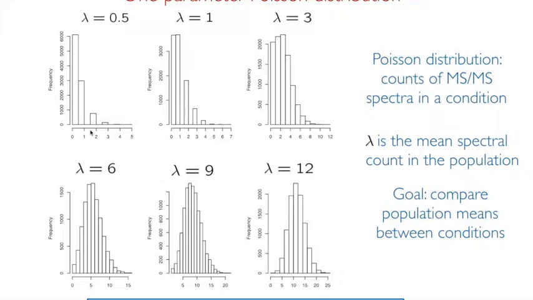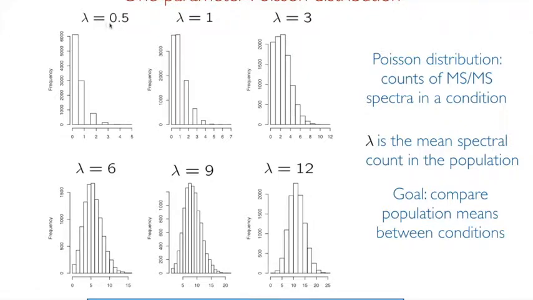In mass spectrometry, we say, okay, we have a run, so a peak is appearing in this particular retention time window. Let's see how often it's sequenced, so that is the count of the events. And so it can only take discrete values 0, 1, 2, 3, 4. And the Poisson distribution is characterized with one parameter, which is essentially its population mean.